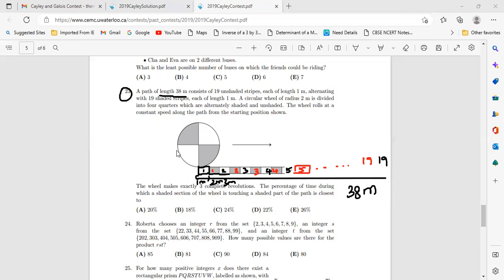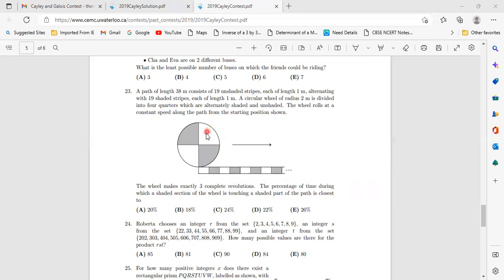And we'll come back to the circle. The wheel of the circle is divided into 4 quarters. And they also said the radius of the circle is 2 meters, which means from here to here, it is 2 meters. So now it's all about the contact between the wheel and the path.